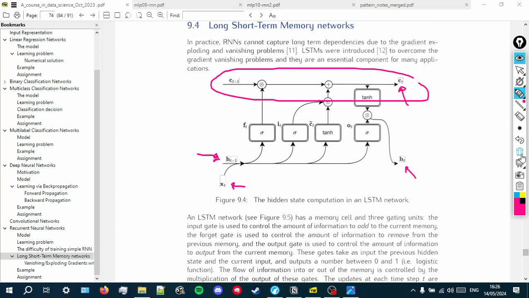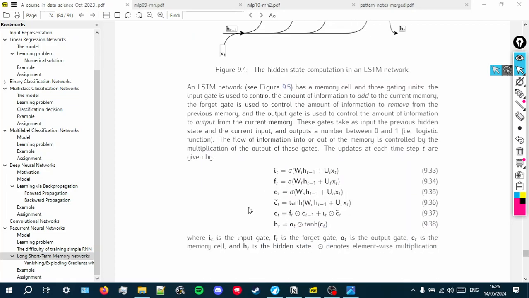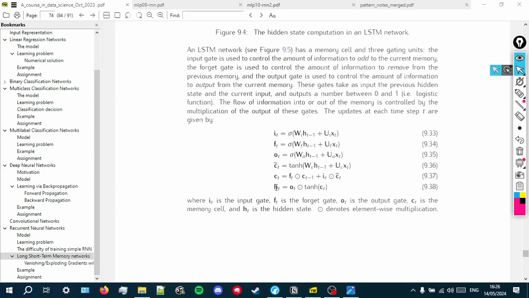So just going through them one by one through the gates, they're all listed down here already, but we can see I is the input gate, F is the forget gate, O is the output gate, C is the memory cell, that is the main component controlling the memory, and H is the hidden state, the one that goes towards the next one. So instead of just the hidden state being the only memory component that we have, the idea is that our C, our cell state, is going to be our main memory component.